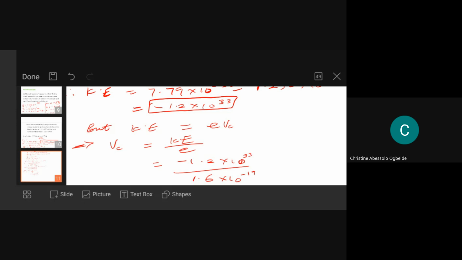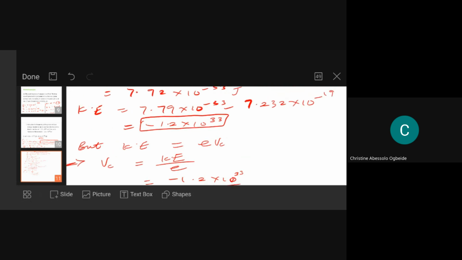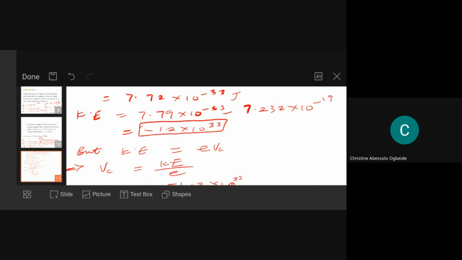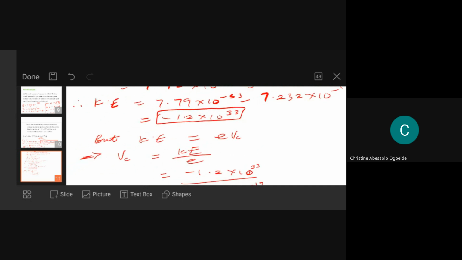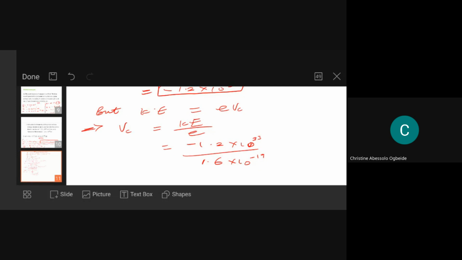So for the electrons to be set in motion, for them to be ejected, there needs to be a cutoff potential, and that cutoff potential is what we are asked to find. And due to the fact that I gave wrong values in this question, everything is looking almost incorrect. But take note of the solution, which is very, very important.